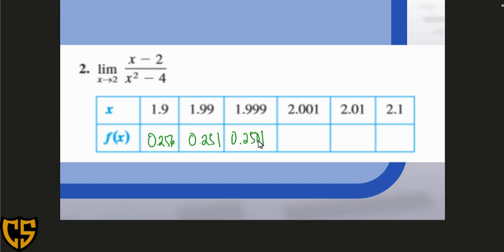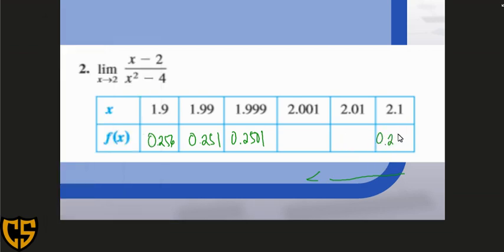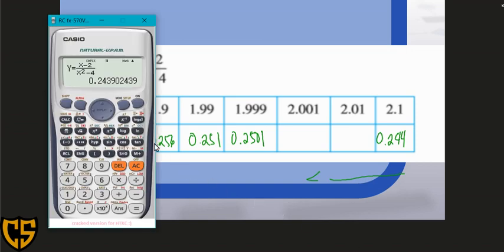0.2501. Next, we are going to substitute values from the right. We substitute 2.1 and calculate. Our answer will be 0.244. Next, another value is 2.01.